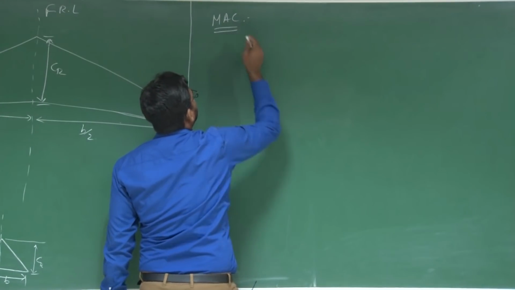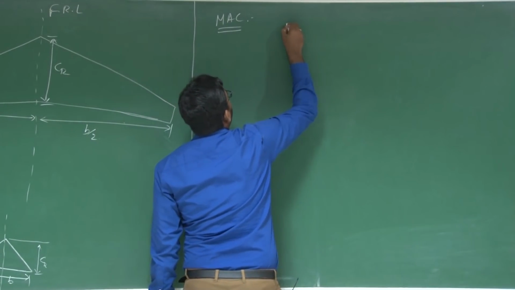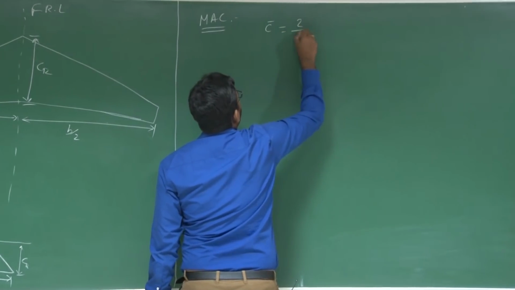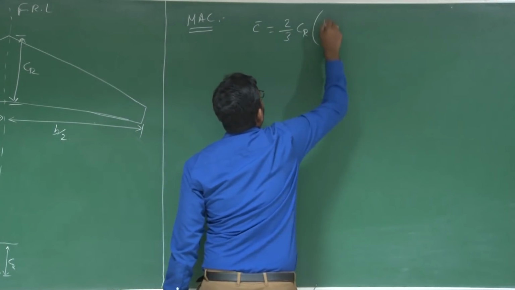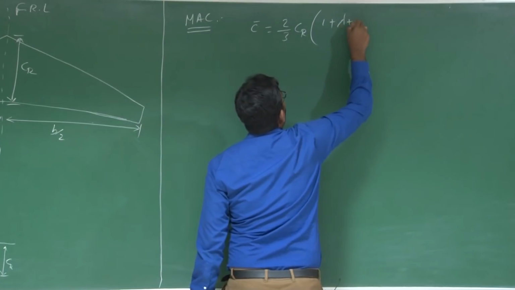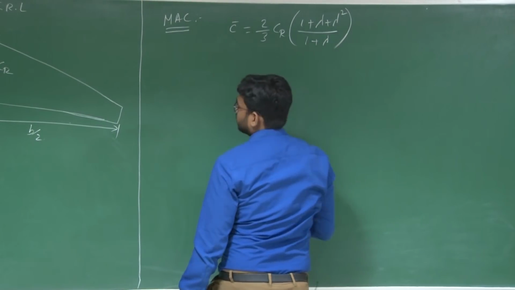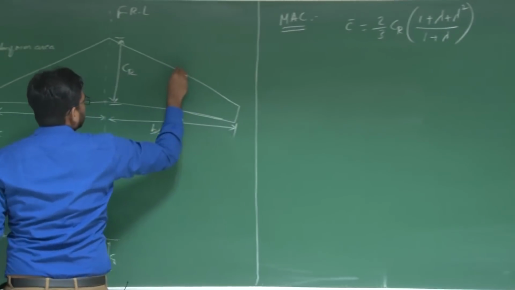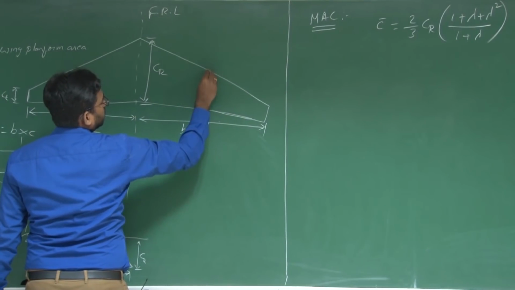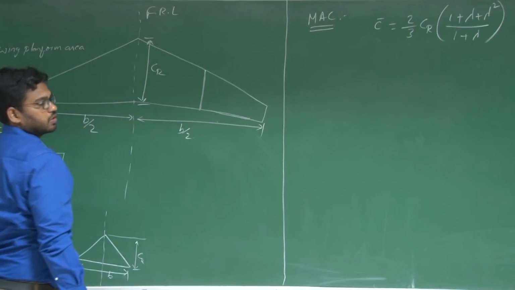MAC, C bar, is equal to 2/3 Cr into (1 plus lambda plus lambda square) by (1 plus lambda). That gives the mean aerodynamic chord.